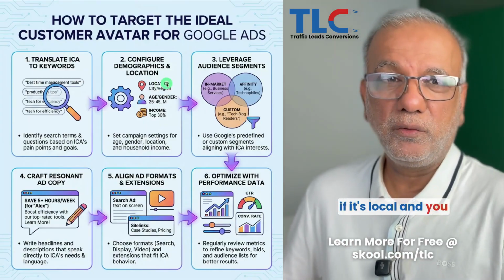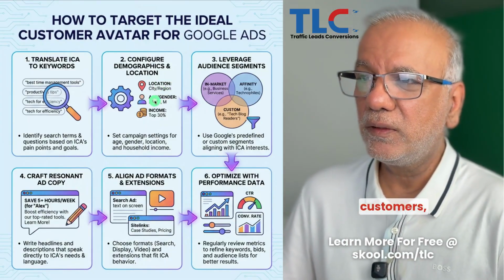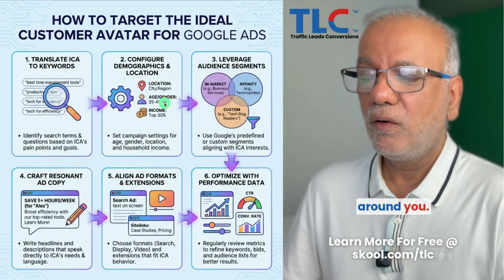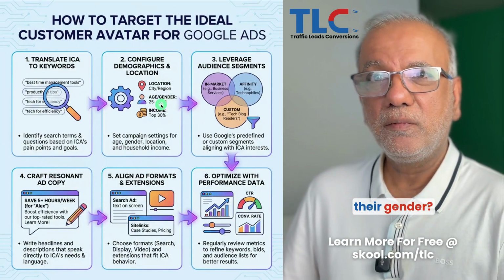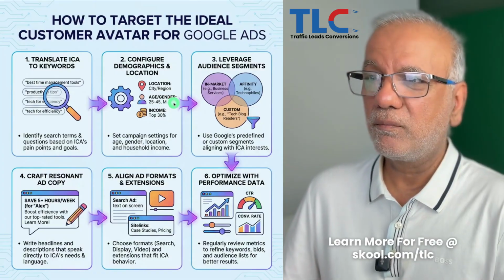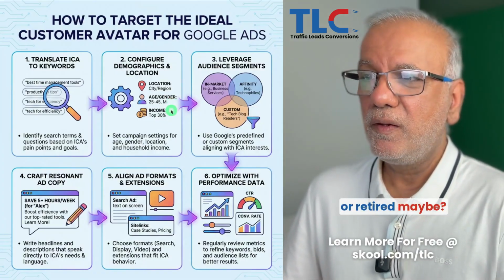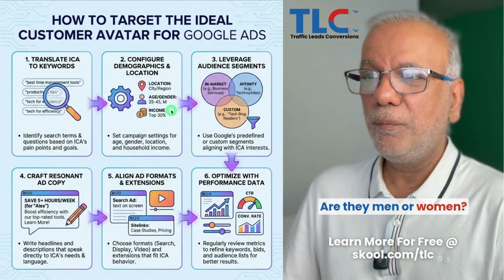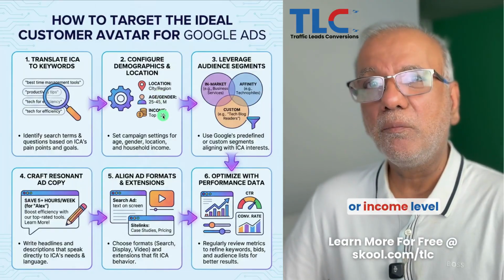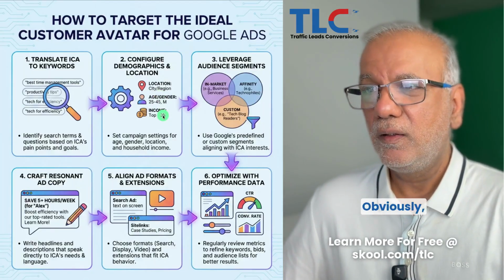So if it's local and you just serve local customers, then it would be a 5 to 10 mile radius around you. What's the age and the gender? Are they young people, middle age, or retired maybe? Are they men or women? And what sort of job or income level they may have?